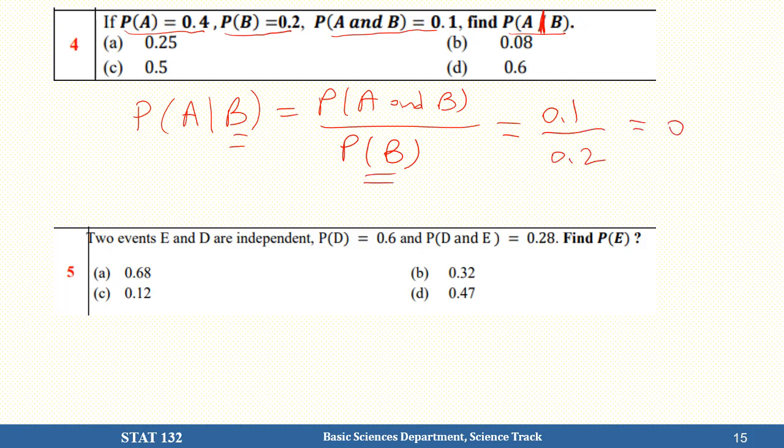If you do this calculation, you will get 0.5.